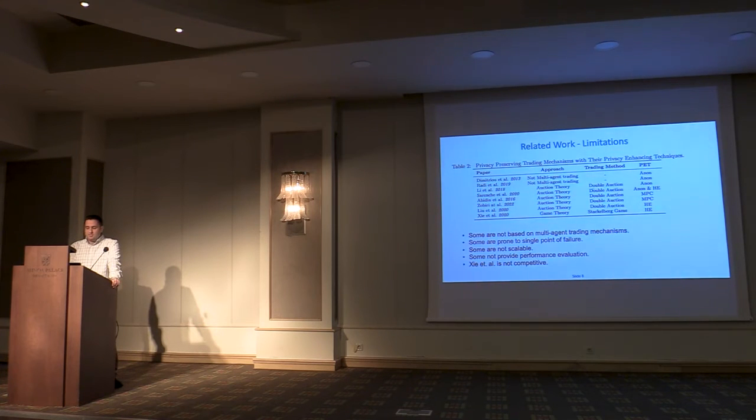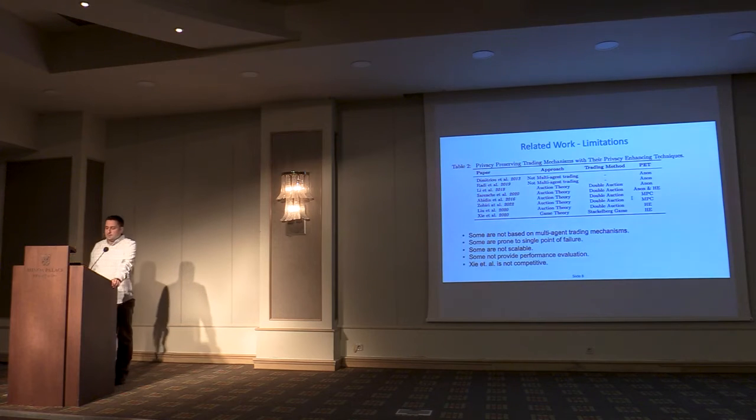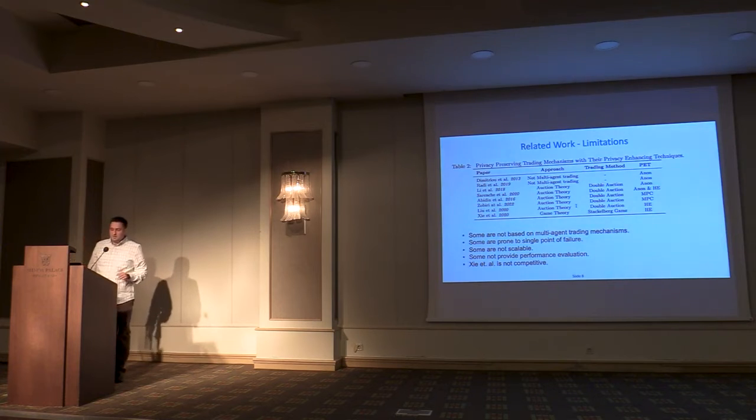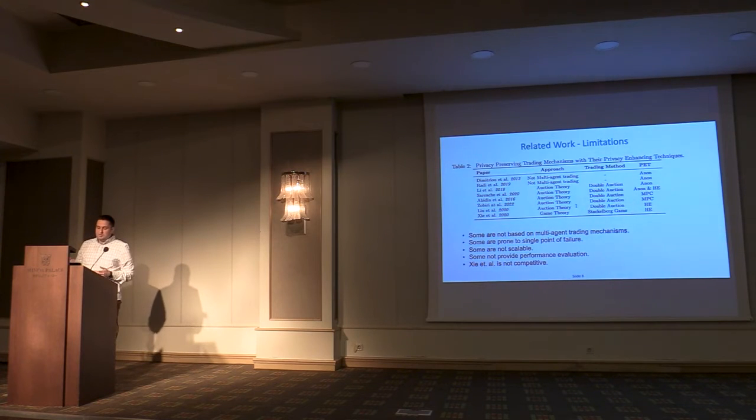Most of them are based on double auction and auction theory. Some of them use anonymization, some of them use MPC, some of them use homomorphic encryption. At the same time, some of them have drawbacks, like they are not based on multi-agent systems, and they are prone to a single point of failure, and some of them are not scalable. And one of them does not provide performance evaluation.